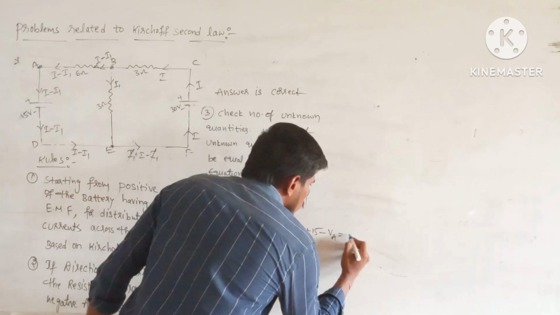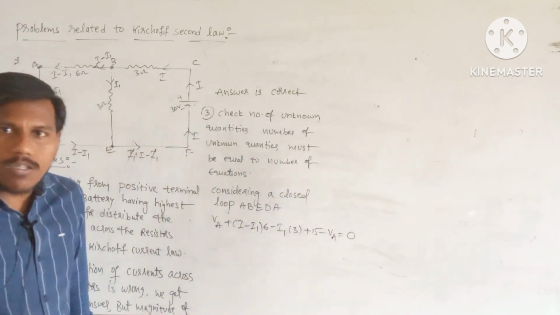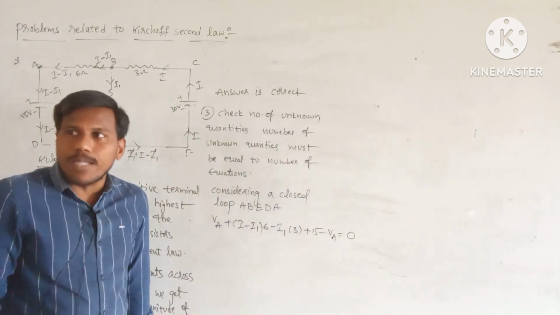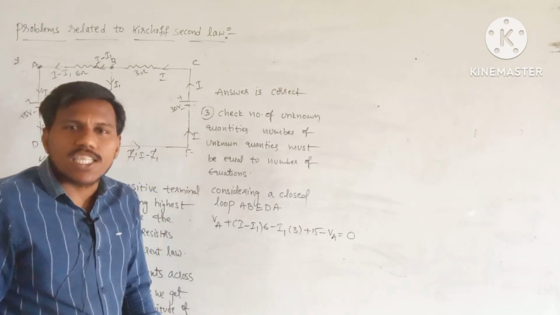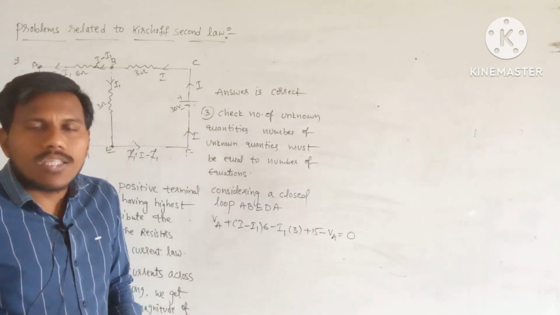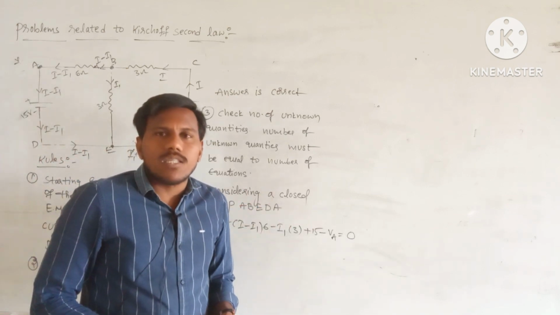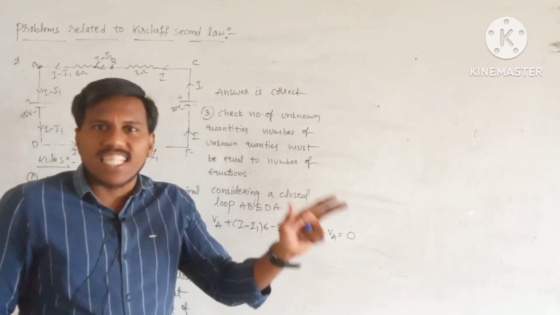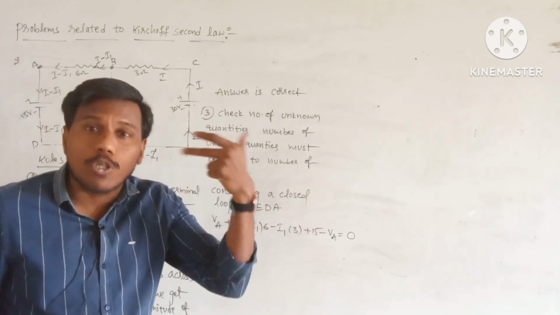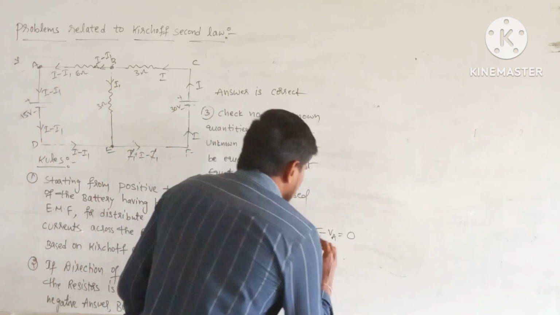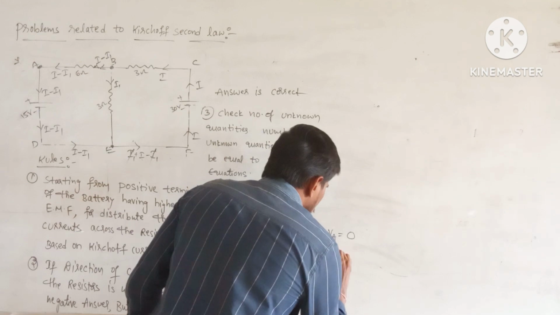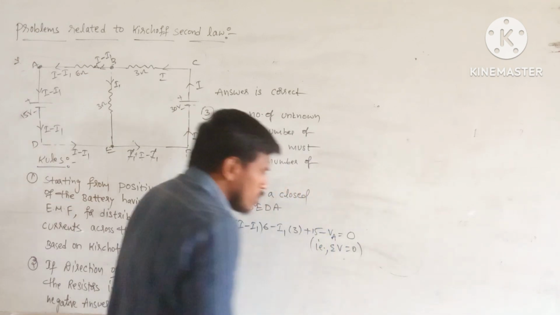It should be equal to 0. Already you know the statement of Kirchhoff's second law. What is the statement of Kirchhoff's second law? The algebraic sum of potential differences across the resistors in a closed loop should be equal to 0. So that is sigma V equal to 0.